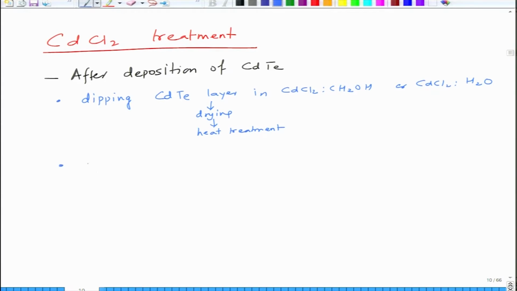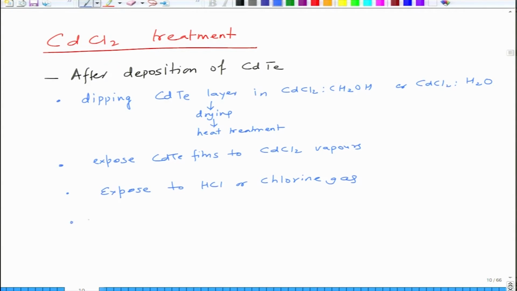It can also be done, so you can also expose CdTe film to CdCl2 vapors. You can also expose to HCl or chlorine gas, because the main thing is to introduce the chlorine in it, and the temperature generally of this treatment is 380 to 450 degree centigrade, and the treatment is done for 15 to 30 minutes.